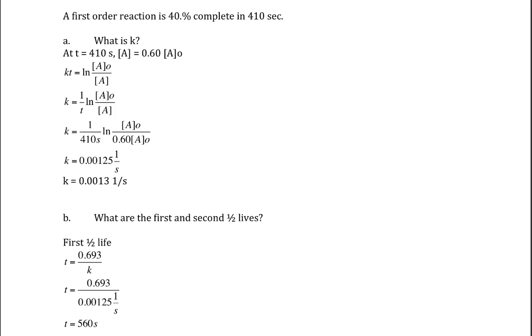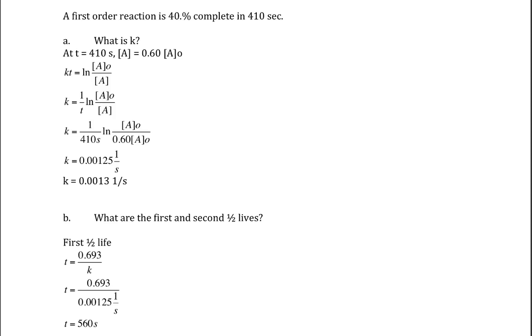We have that at time t equals 410 seconds, the concentration of A at that time is 0.60 A naught. For a reaction to be 40% complete, 60% is still yet to react. So A at that time of 410 seconds is 0.60 times whatever it was originally.